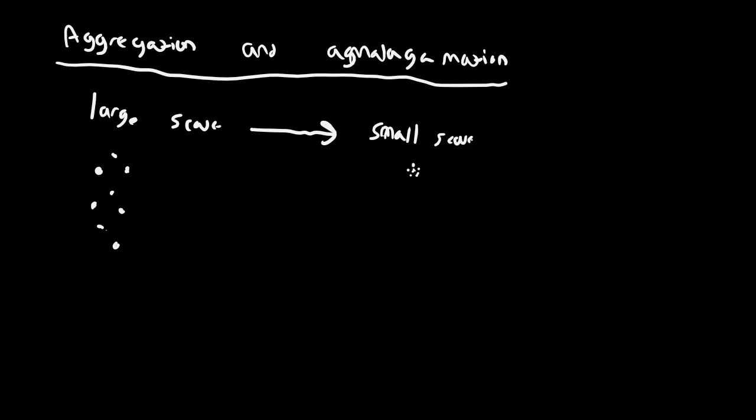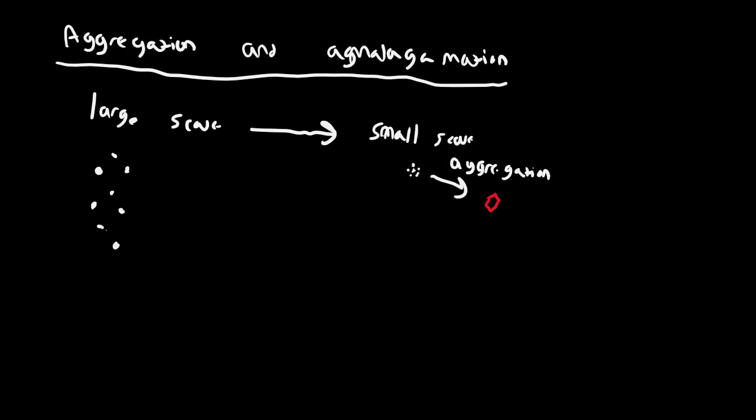So if we run aggregation on this, what we would end up doing is, instead of having a bunch of different points, creating a polygon that represents the points.